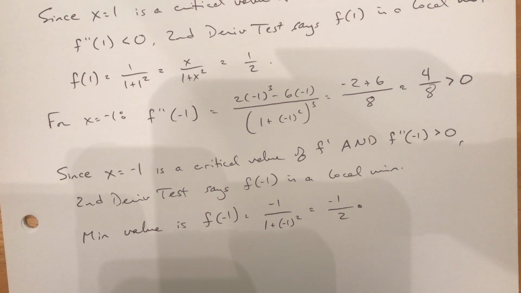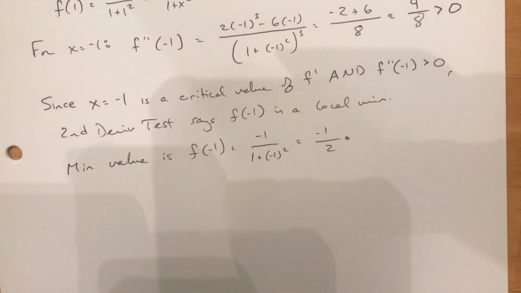F prime tells us where those local maximums and minimums can occur. And F double prime tells us whether we have a local maximum or a local minimum. So all three of these functions tell us different pieces of information, and we need all three of them to get a complete picture of what this function is doing.